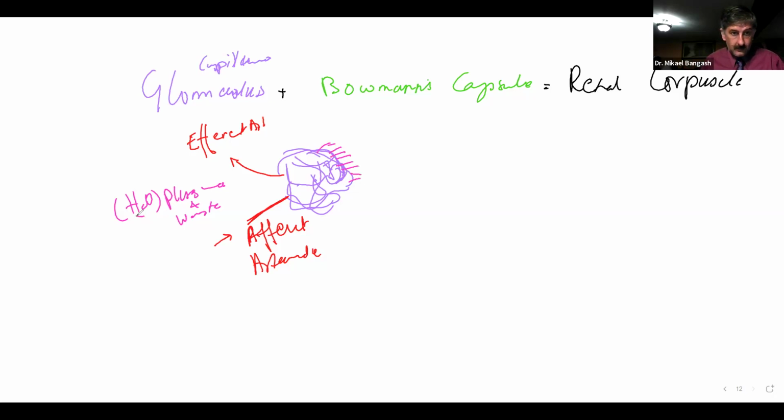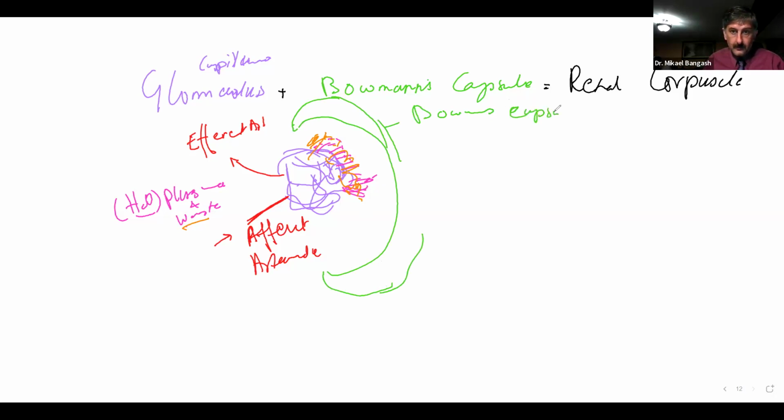Things such as water, coming from the plasma, and pretty much all the wastes that your blood wants to get rid of are going to leave the bloodstream through the capillaries, and are going to be collected into this structure here that we call the Bowman's capsule.